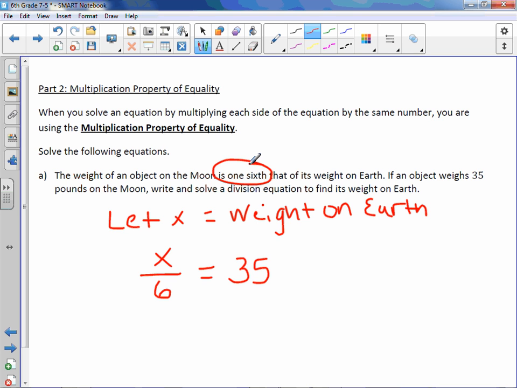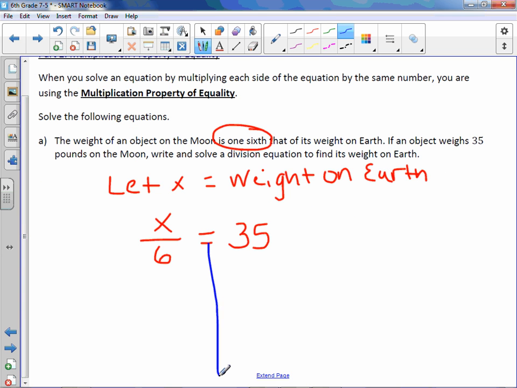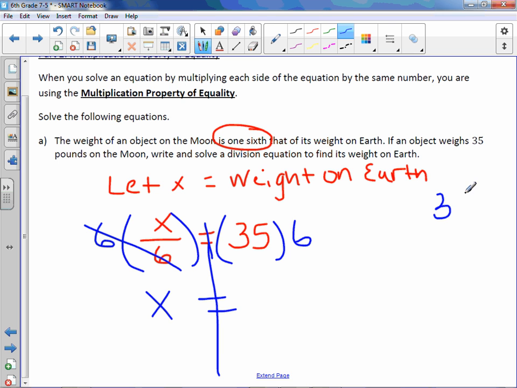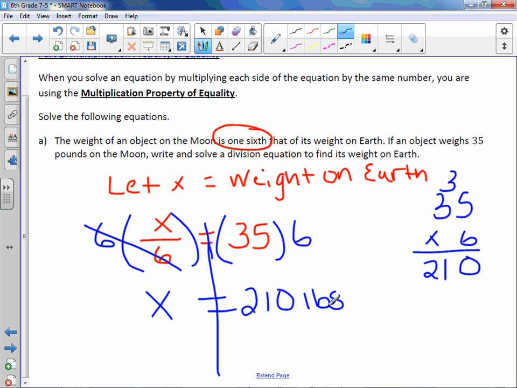So 1/6 of the weight of the Earth is represented by x divided by 6. Let's solve this equation. To get rid of divided by 6, I need to multiply both sides by 6. So let's do that multiplication. We get 210, and this is in pounds.